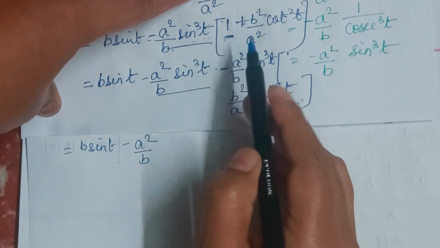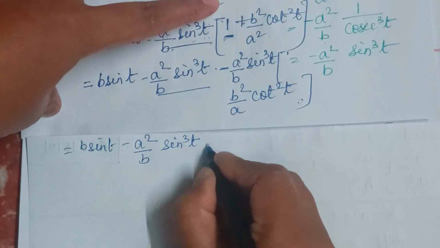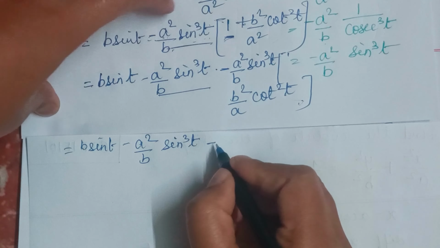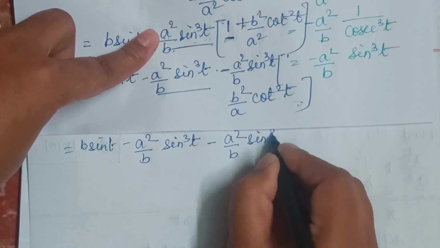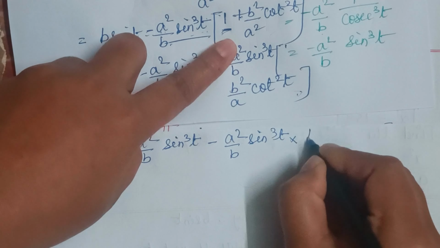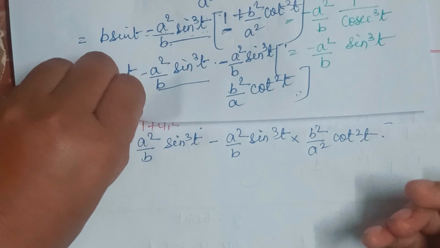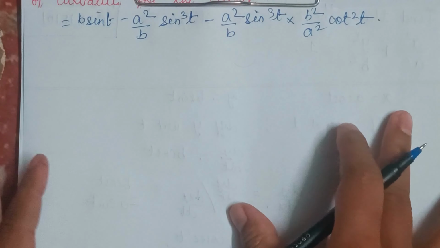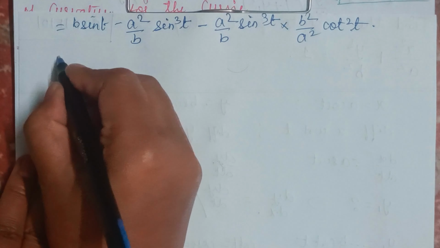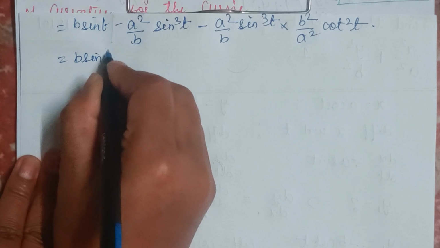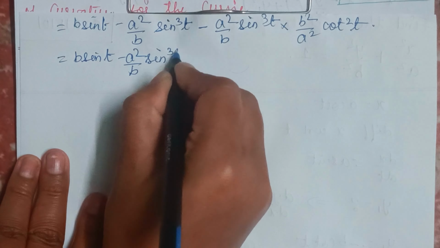So a square by b sine cube t, minus into plus is minus, so a square by b sine cube t into b square by a square cot square t. Okay, I hope it is clear till now. So it will become b sine t minus a square by b sine cube t.